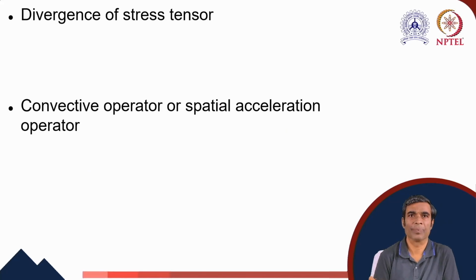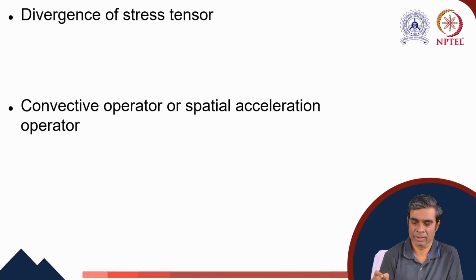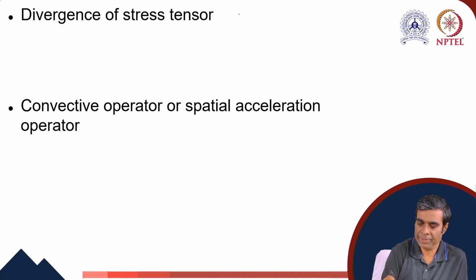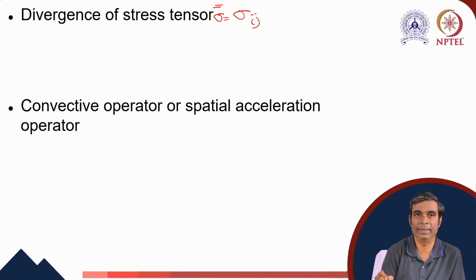Next we go for the divergence of the stress tensor. Now we know that stress tensor is a second order tensor. If we take divergence of it, the output quantity will be a first order tensor or a vector. So let us write it in this manner. The stress tensor sigma double bar, we can write as sigma ij.